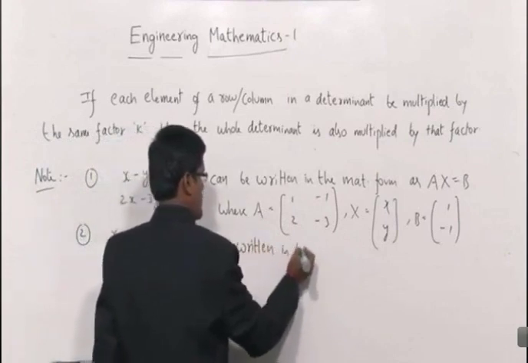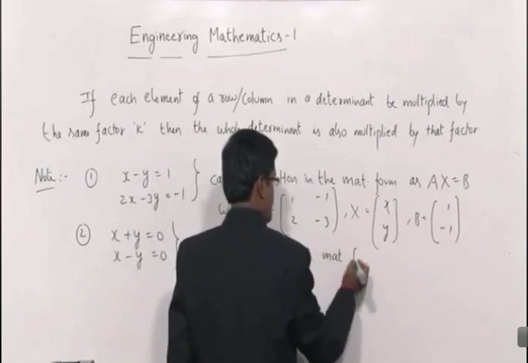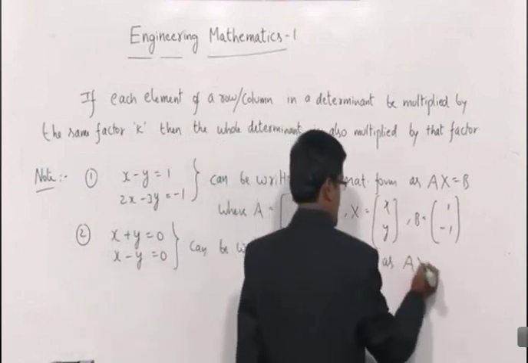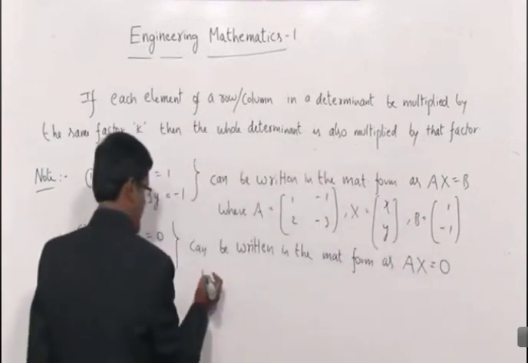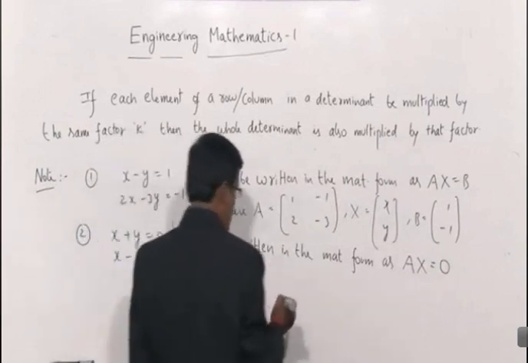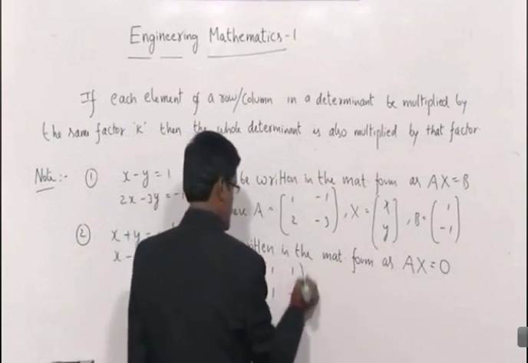It can be written in matrix notation form as Ax is equal to O, because the right side is all zeros, where A is the coefficients of all variables in the equations: 1, 1, 1, minus 1.